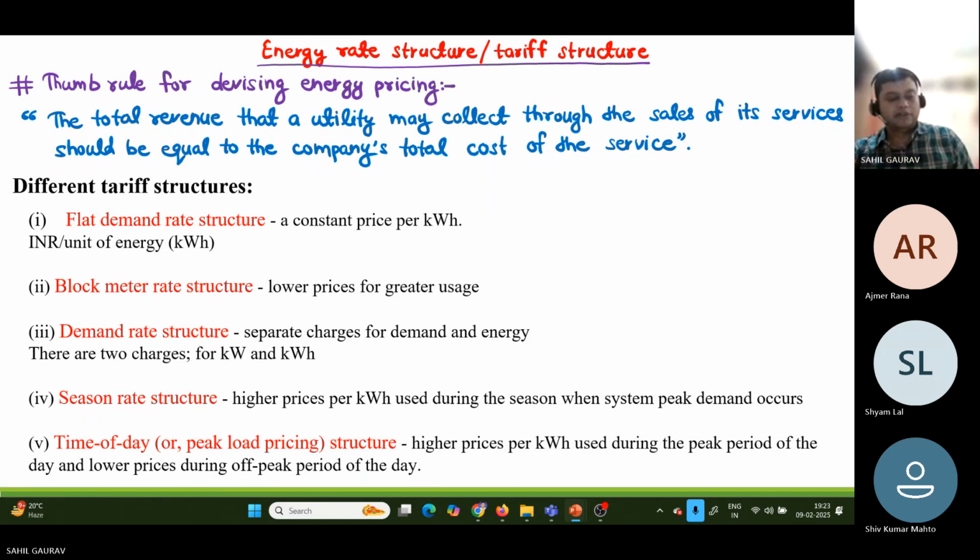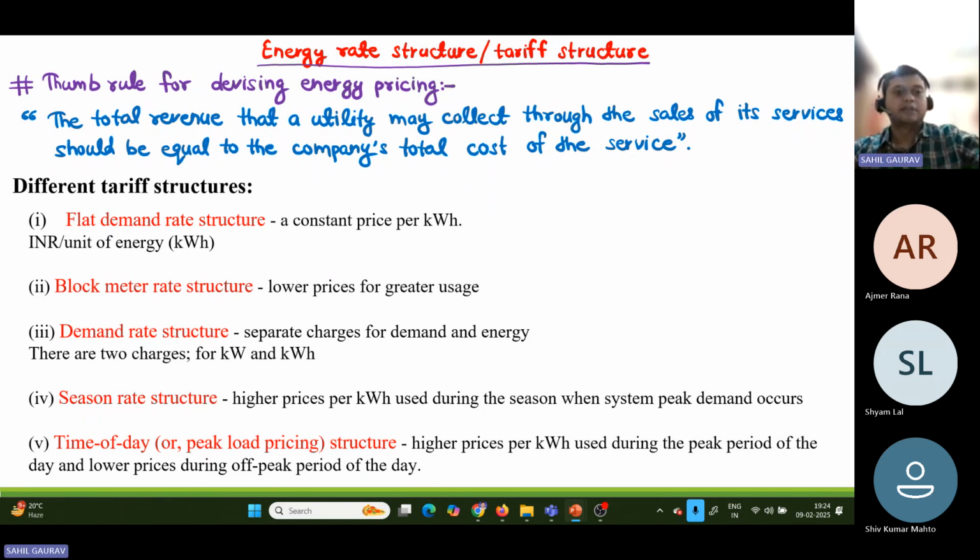Up to 5 kilowatt hour there is rupees 1 per unit, and if you go beyond that, the price will increase, like 5 to 10 kilowatt hour, rupees 2 per unit. And if you go more than 10 kilowatt hour, then the price will again increase. So in that way it works.